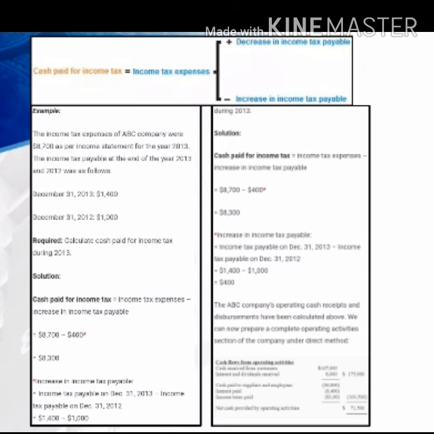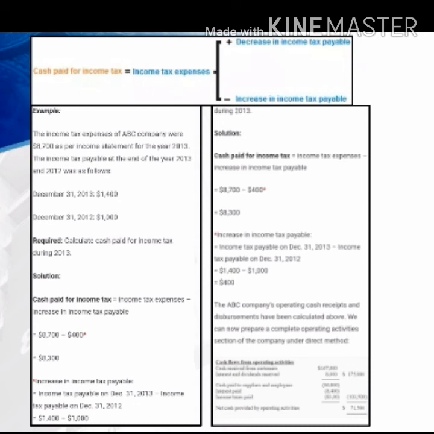We have the cash received from the customers, which is $167,000, plus the interest and dividends received, which is $8,000, equal to a total of $175,000.